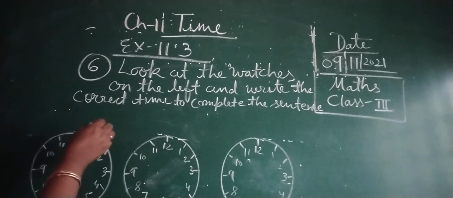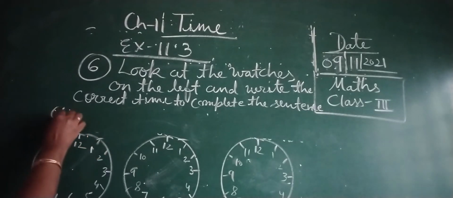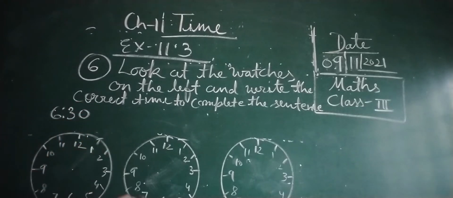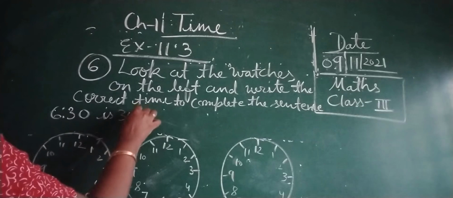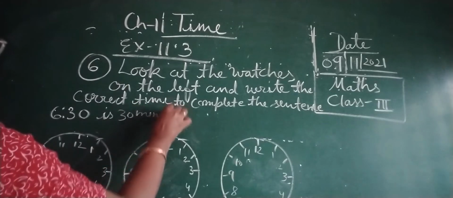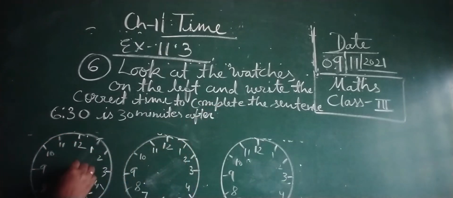So here, children, this is 6:30, which is 30 minutes after 6.